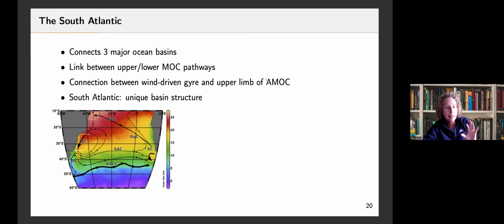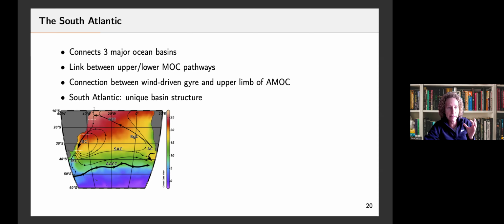And here is just a zoom of what the South Atlantic circulation looks like, because when I show my results, I'm going to be focusing a lot on what's happening over here. Briefly, we have the Brazil current here, and the Malvinas current coming, and this confluence region, which is very energetic.